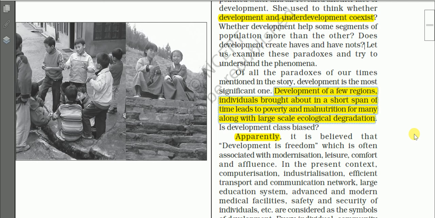That means this is about distribution of development. It leads to poverty, then malnutrition of many people, along with large-scale environmental degradation, land degradation, air pollution, water pollution, and so on.